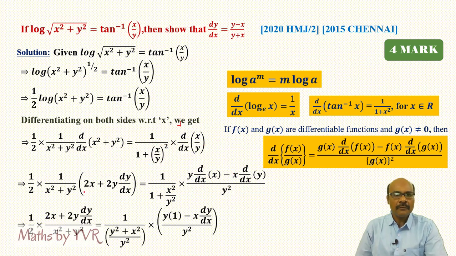Look here: half into 2x plus 2y into dy by dx by x square plus y square as it is, and from the right side first term, the denominator, if we take LCM we will get y square plus x square by y square. And here y into derivative of x is 1 minus x into derivative of y is dy by dx. Now from the right side, the first function, if we write the reciprocal, we will get y square by y square plus x square.